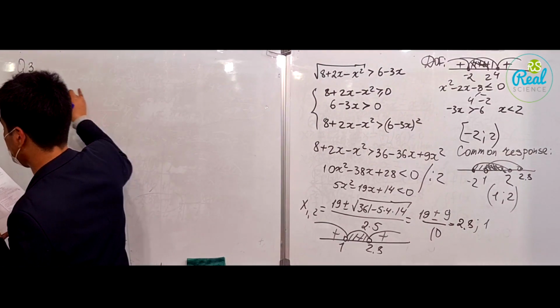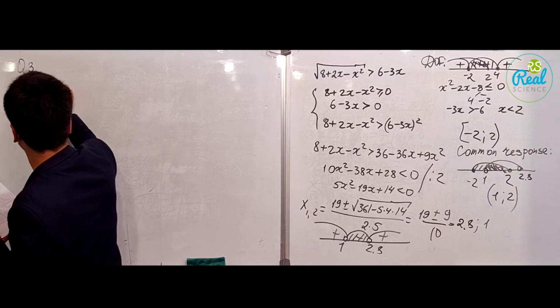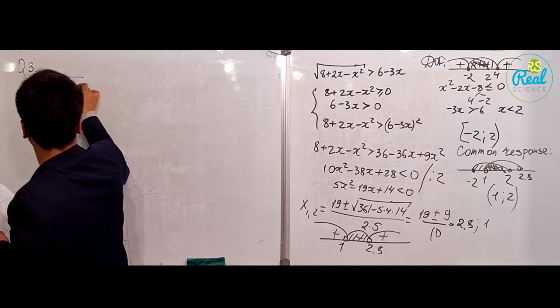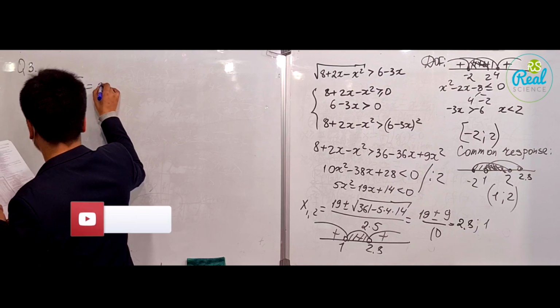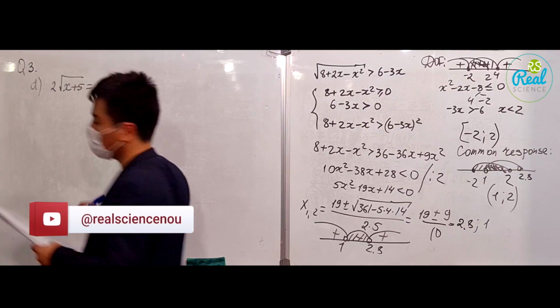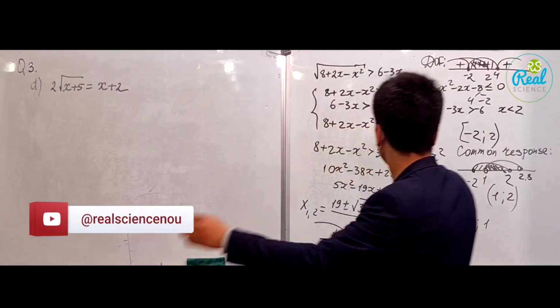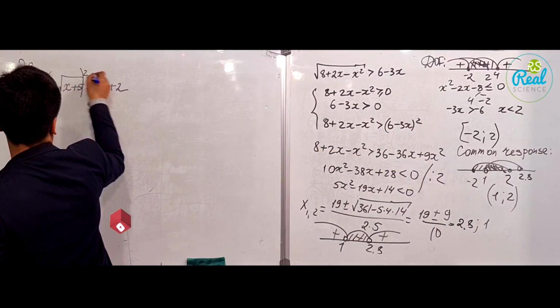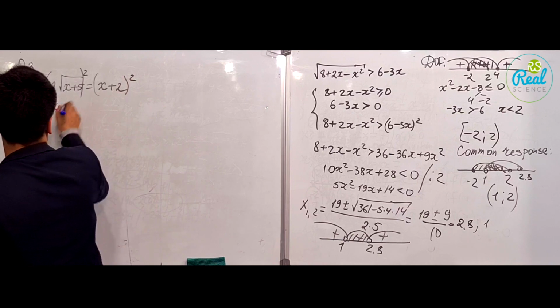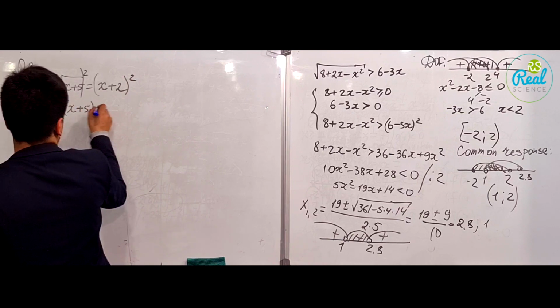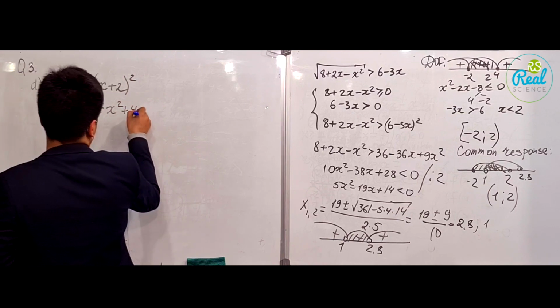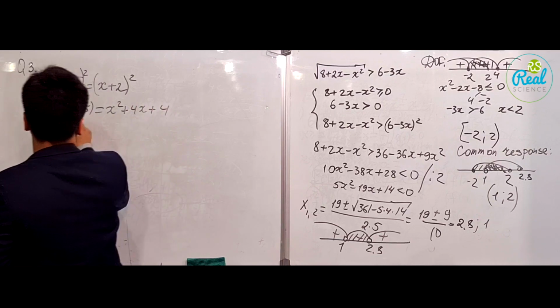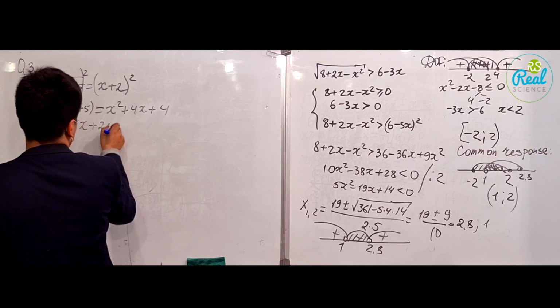Let's see D1. 2x plus 5, x plus 2. Yeah? Raising to the second power, 4x plus 5, x squared plus 4x plus 4, 4x plus 20, yeah?